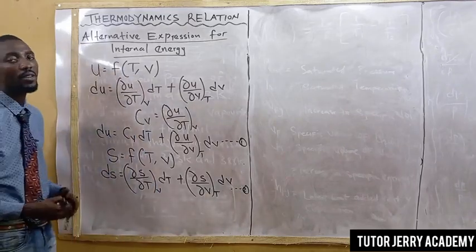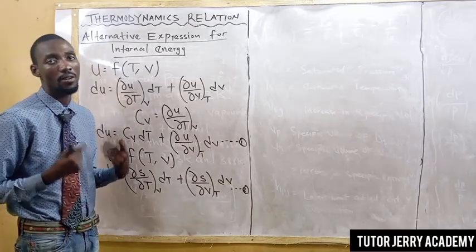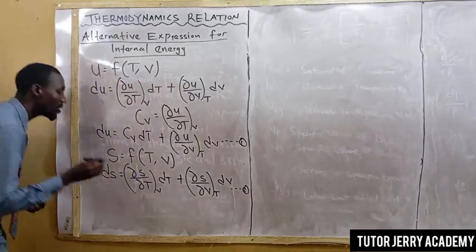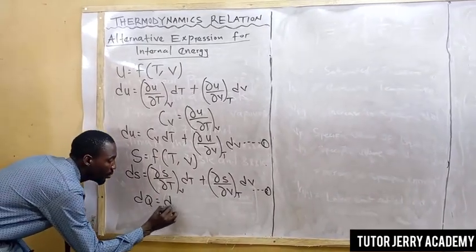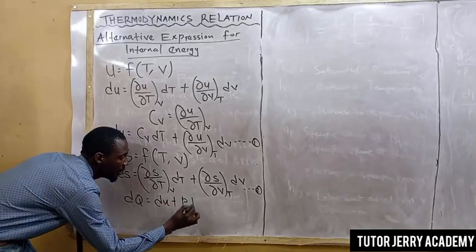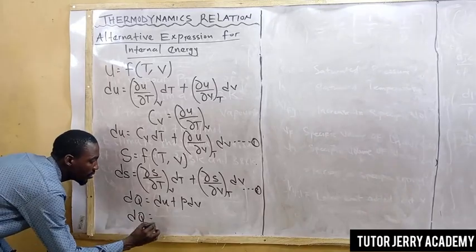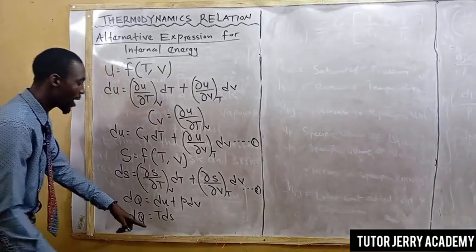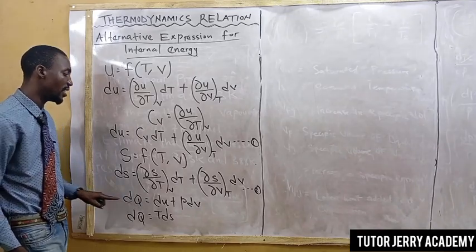So the next thing we are going to do is recall carefully from the first law and the second law of thermodynamics. We know that the first law of thermodynamics says that dQ is equal to dU plus P dV. And the second law says that dQ is equal to T dS. So we are going to replace this dQ here with T dS.